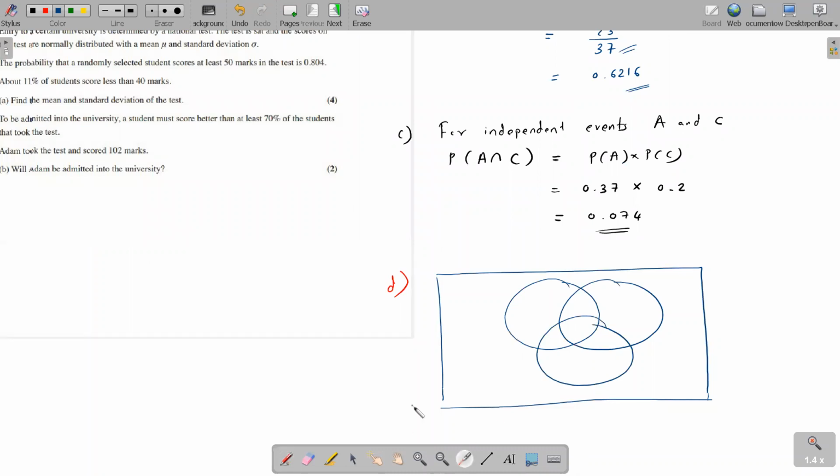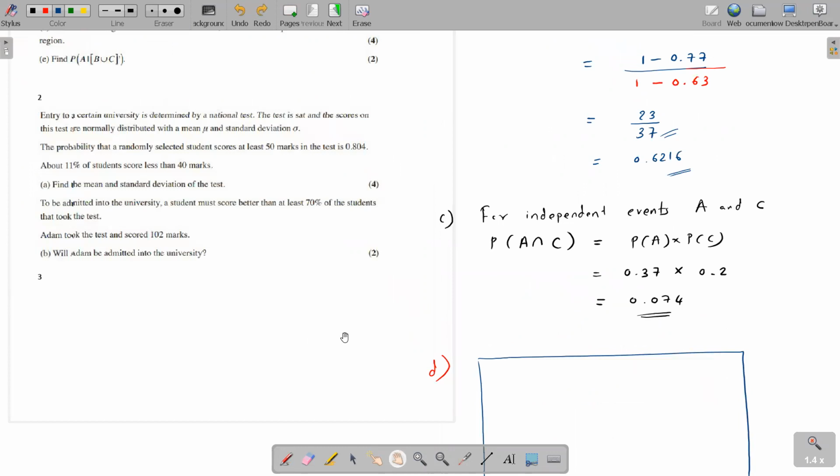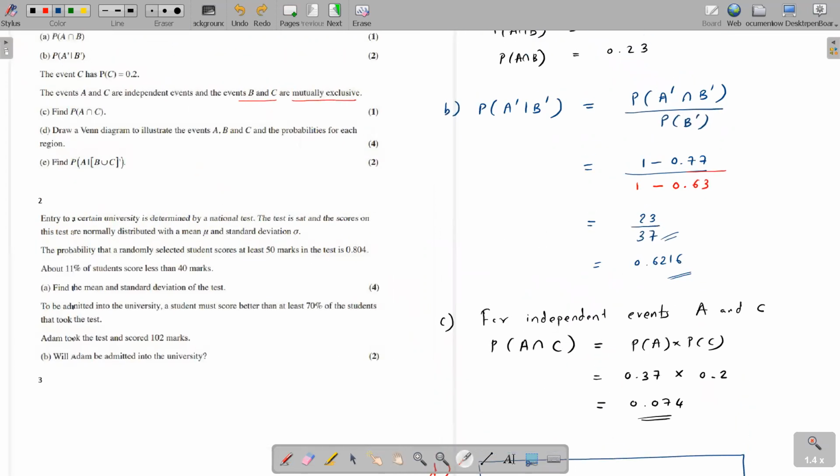Circle B and circle C don't intersect, which means circle A can be in the middle.